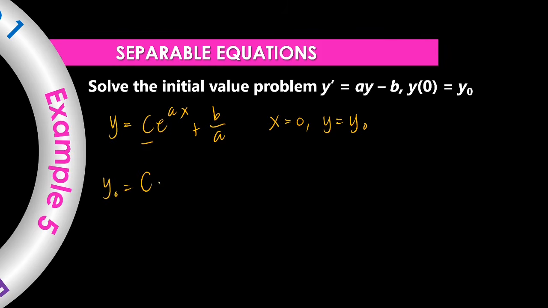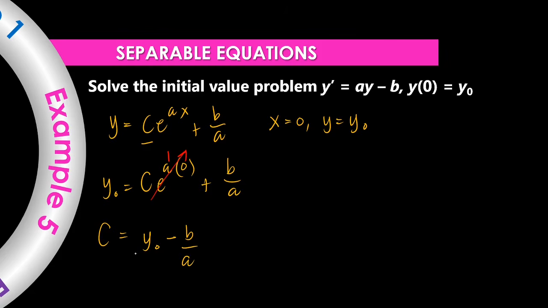I just copy c e raised to a multiplied by x, which is 0, plus b over a. But e raised to 0 is just 1. So this will simply be equal to 1, and therefore, we can now solve for the value of c. And obviously, from this equation, the value of c is yo minus this term b over a.